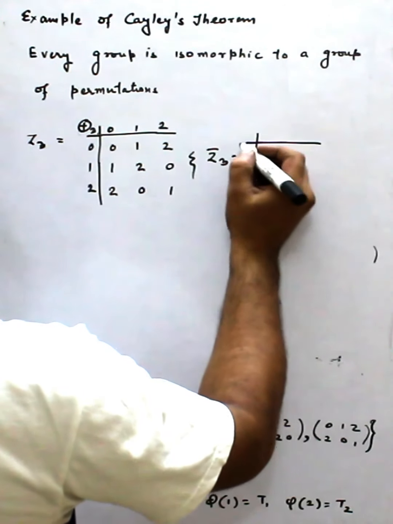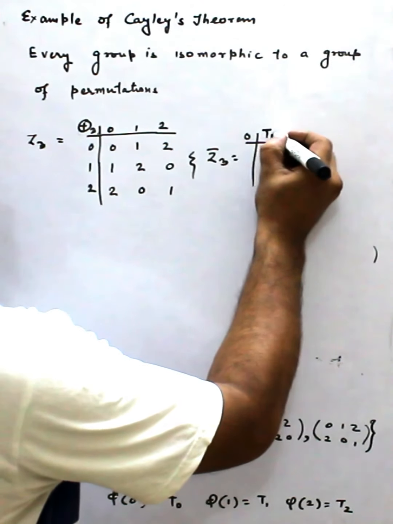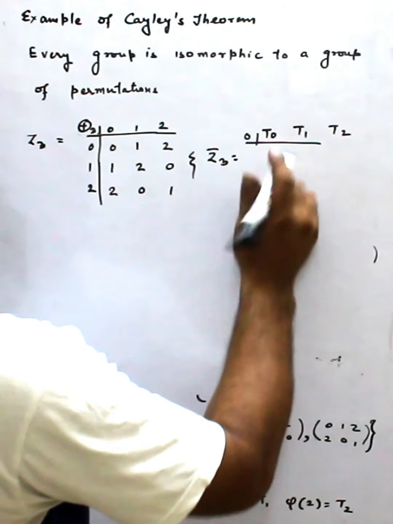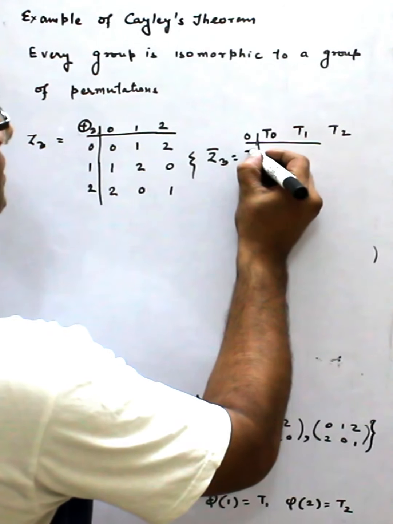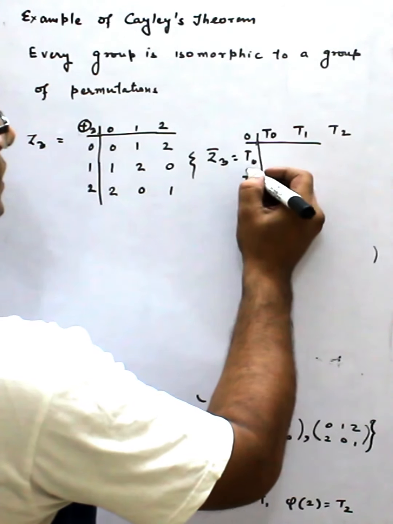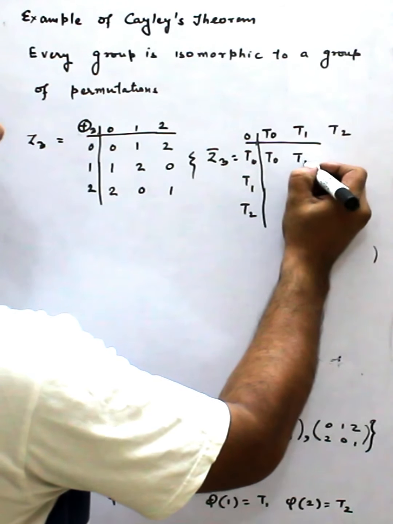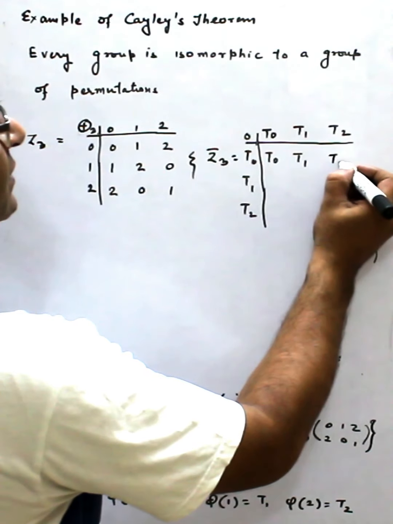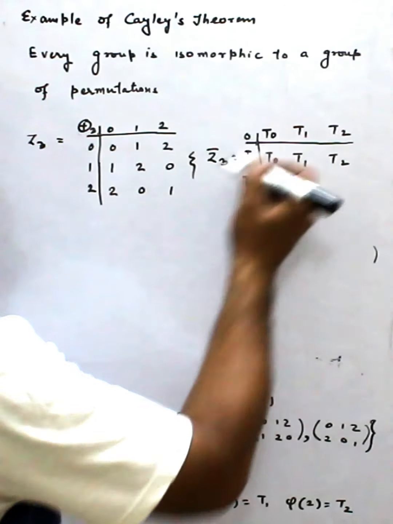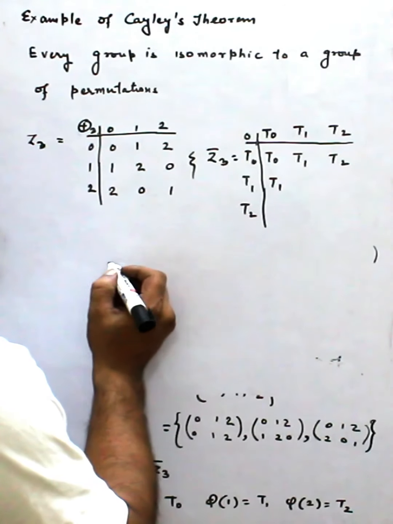What is the operation in Z3 bar? Obviously, composition of functions. So we have T0, T1, T2 and T0, T1, T2, right? Now T0 operated with anything gives T0, T1, T2, because it is the identity. Now T1 when operated with T0 is obviously T1. Now what is T1 and T1?